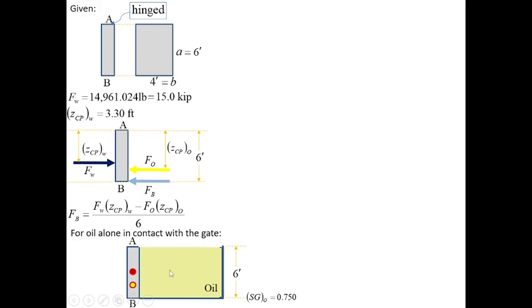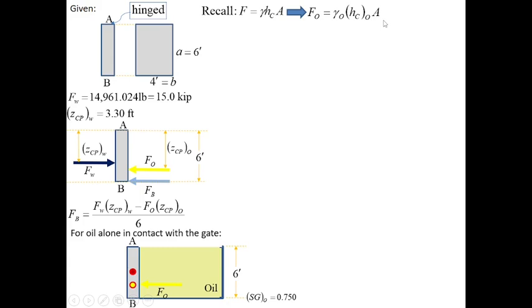Okay, and this is where the hydrostatic force due to oil is acting. And recall that the hydrostatic force is equals to this formula, and we will convert it in terms of oil. So force due to oil equals to unit weight of oil, HCO times area.